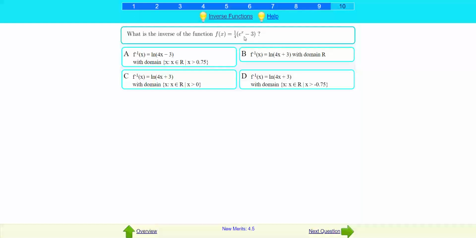Now the domain here to start off with, this should take in any number, right? But the inverse, you can't really have negatives in ln.